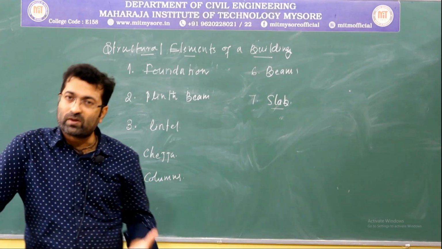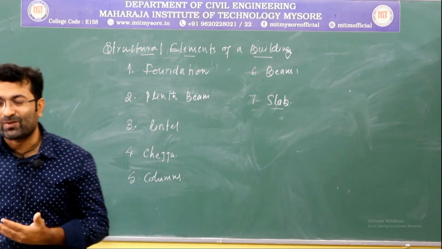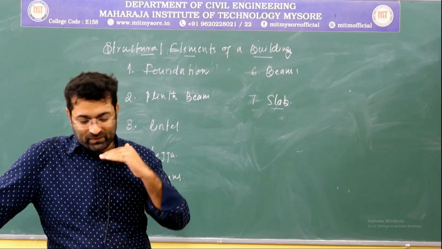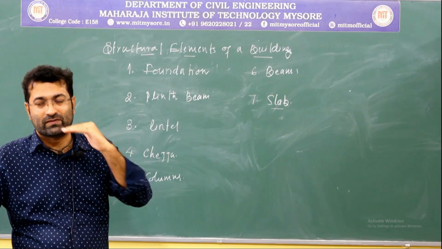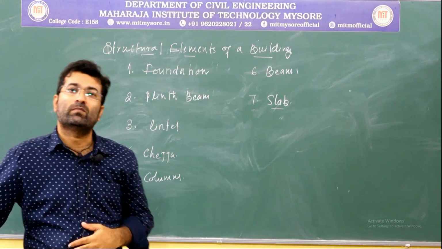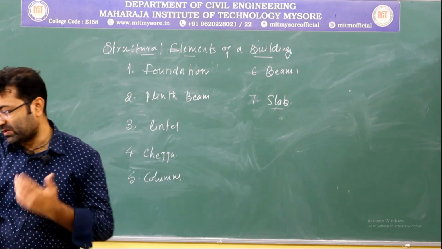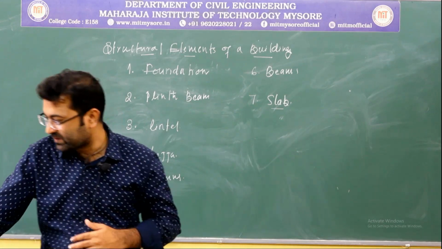So if we just keep on constructing the columns, then it will become only one building. If you divide the entire height of the column into different floors, then the same building can be used for different purposes, or you can say we can have more area to do different jobs.